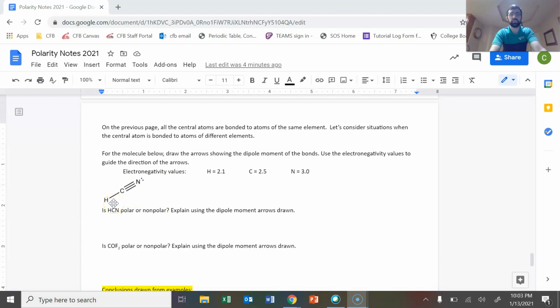I've got this one pointing towards the carbon, with carbon as the more positive side, and it's pointing toward the nitrogen. Those 2 dipoles will combine together.